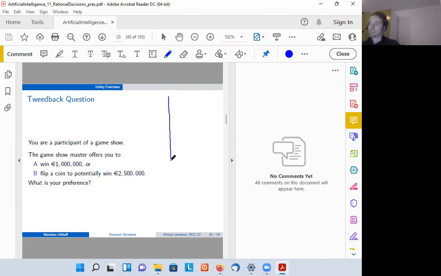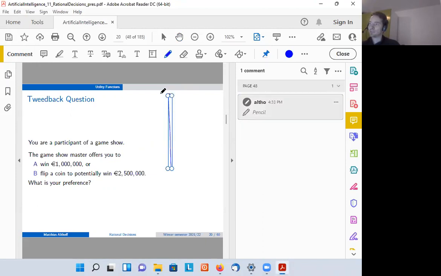So here would be the utility axis, U, and this would be the money axis. You can use this euro symbol, or you can use a dollar symbol, whatever. So typically, let's say you start at €0.